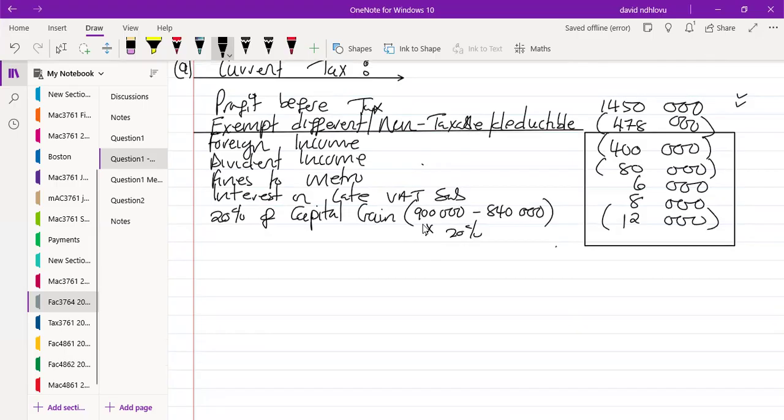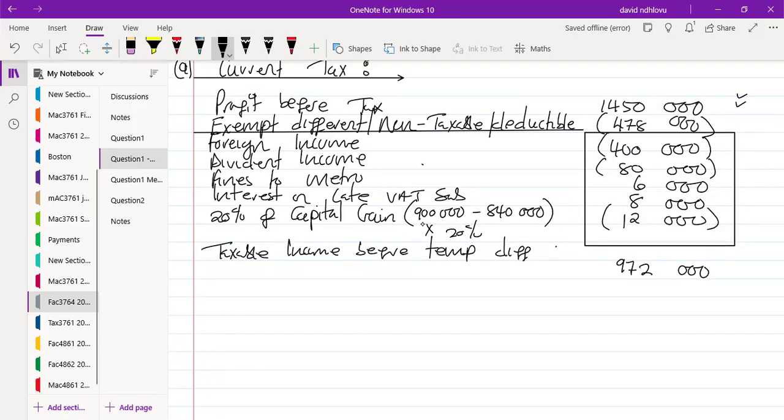So at the end of the day, 1,450,000 minus 478,000, then we are going to sit on 972,000, which is taxable income before temporary differences.